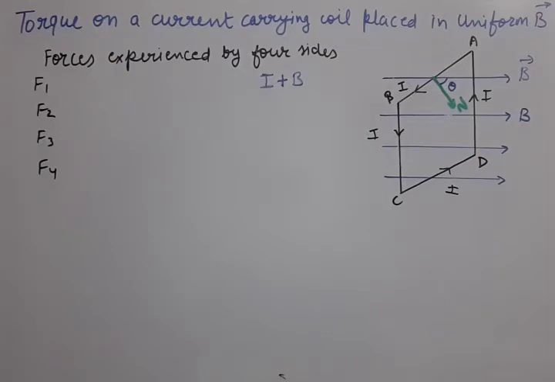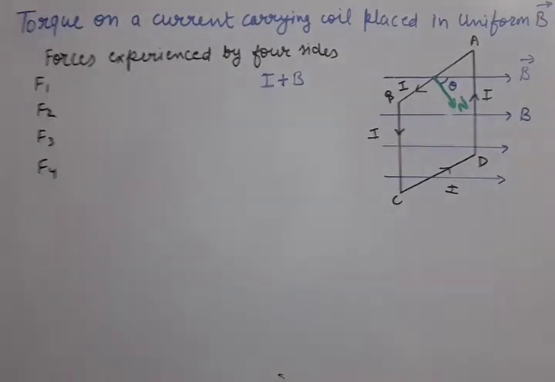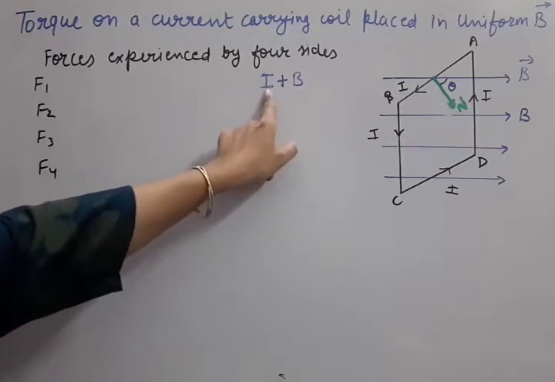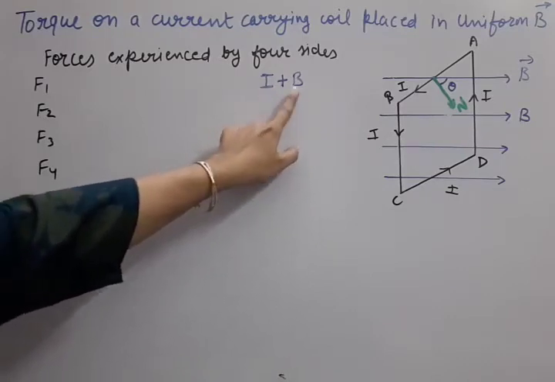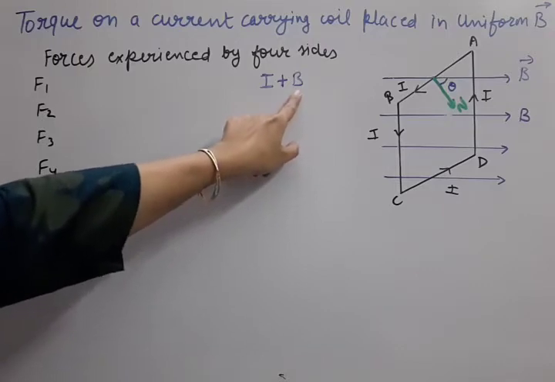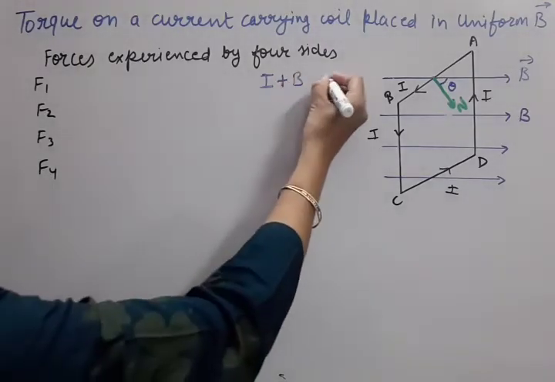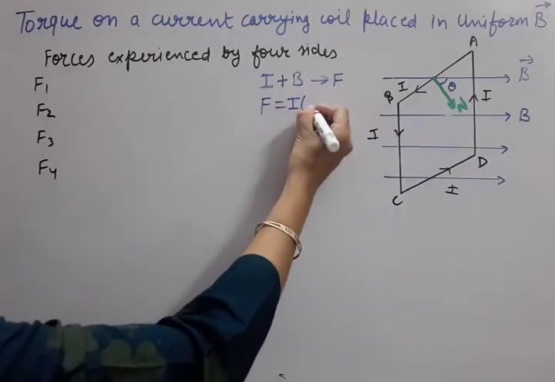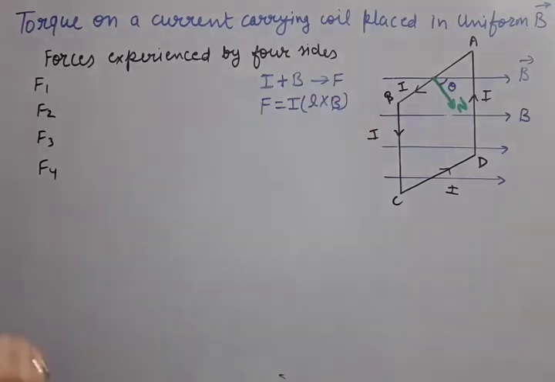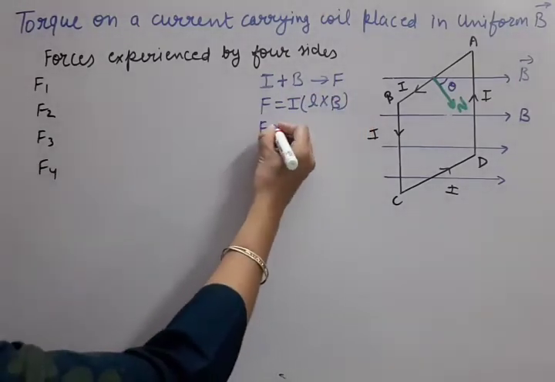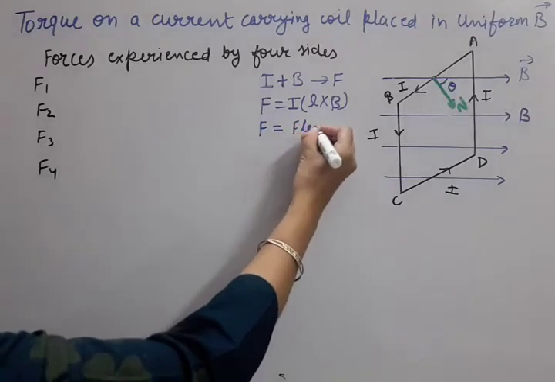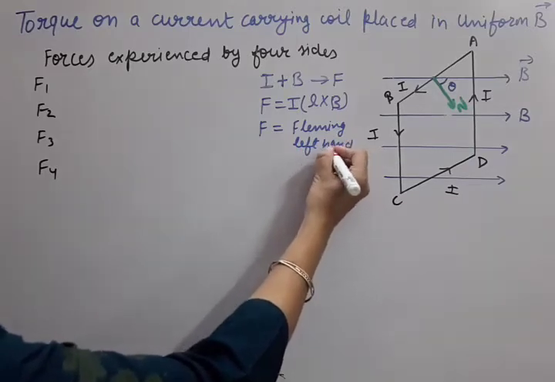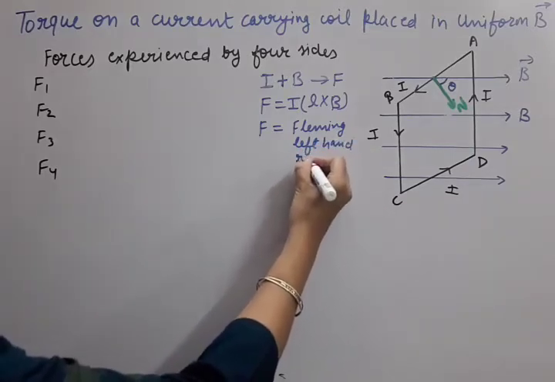So whenever an I plus B combination is present, that means a current carrying conductor is placed in magnetic field B, then it experiences a force. We have discussed this already. The formula of the force is I L cross B, and the direction of the force can be calculated by Fleming's left hand rule. So we are going to use this information.